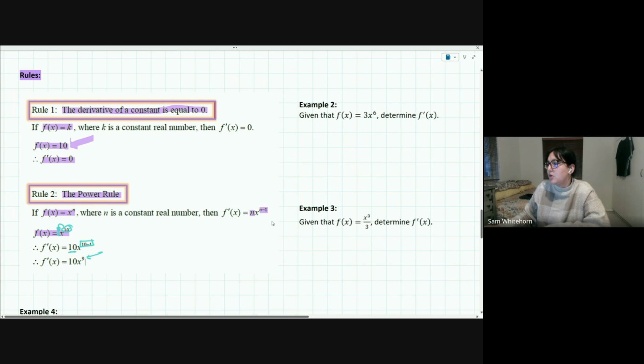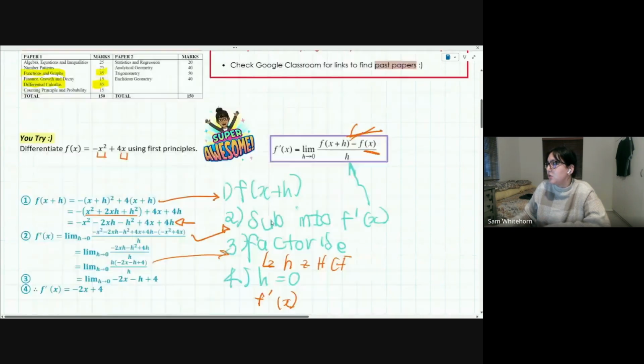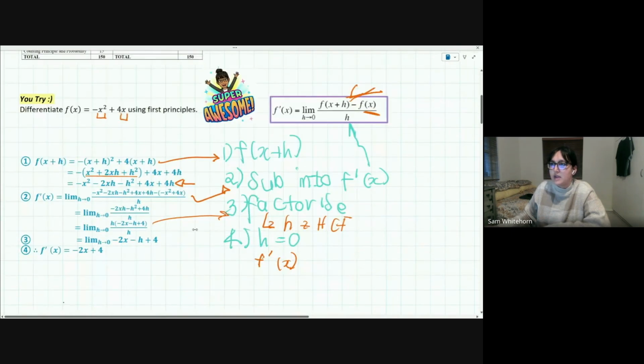Now let's quickly scroll up to this first principles one that I gave you. If we apply those two rules that we've just looked at, first rule is take the exponent and multiply it by your coefficient. So -1 times 2 is -2. We then have our variable, and we subtract 1 from that exponent. So 2 minus 1 is just x to the power 1.